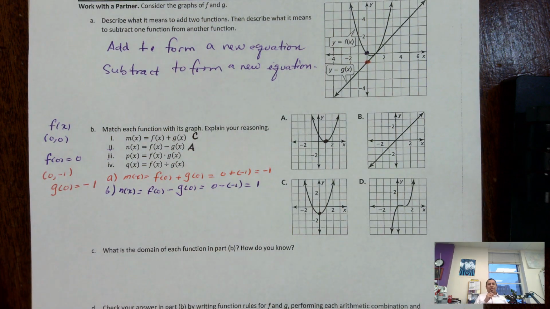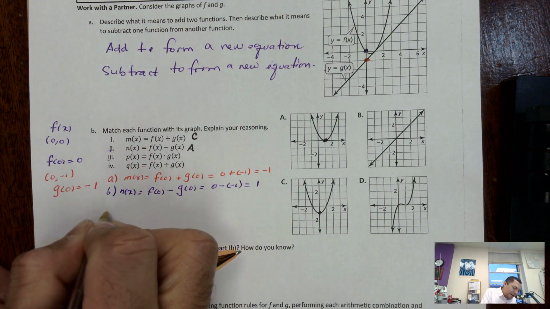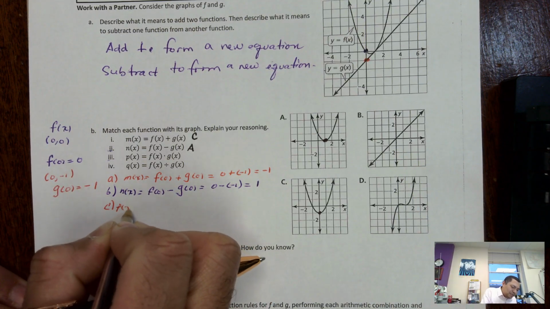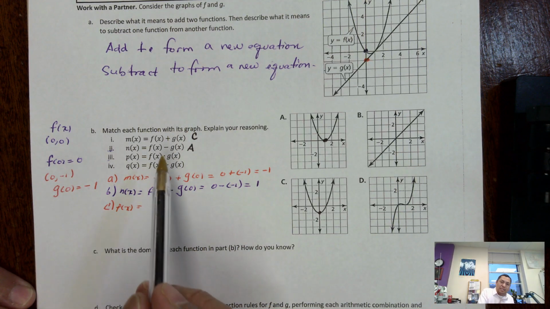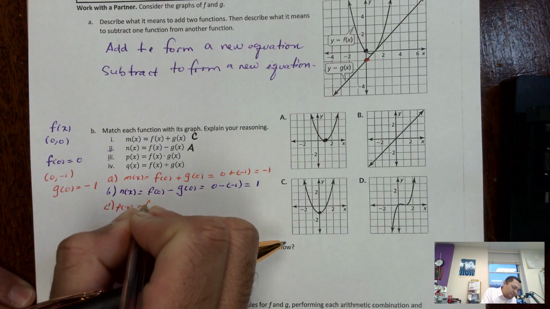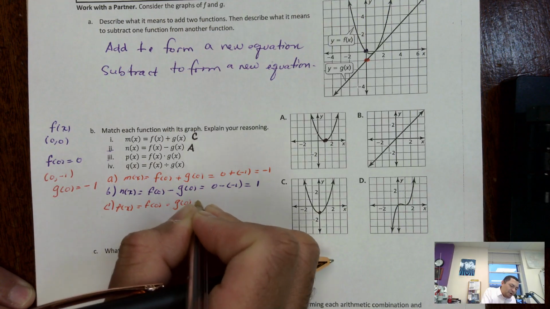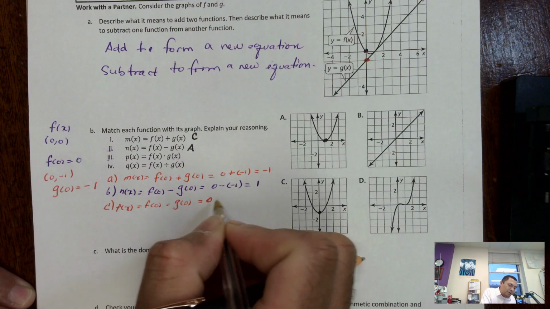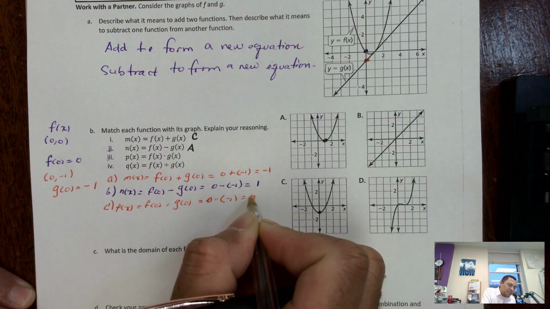We're matching. Let's do C. I'm going to use the red again. I have p(x), and it's a multiplication, f(x) times g(x), so f of 0 times g of 0. f of 0 is 0, times -1, which equals 0.